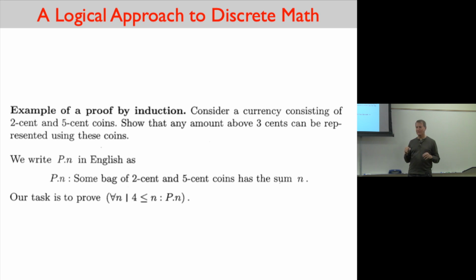Essentially, for an odd number, you just need an odd number of 5-cent coins, and everything else could be 2s. But it says any amount above 3, so that would include starting with 4, 5, 6. If it's even, for example for 4 cents, you just use two 2-cent coins. For 6 cents, you use three 2-cent coins. You would only use the 2-cent coins for any even number.